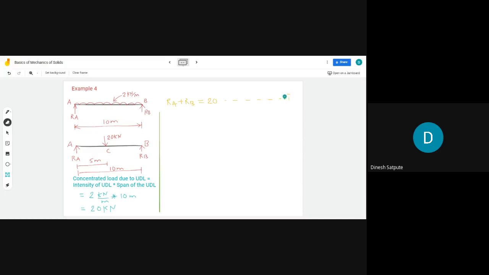Now, next step is similar to what we did in the previous case, that is finding out the moment at any point in the beam and equating it to 0, because for equilibrium, the total moment acting at any point should be equal to 0.